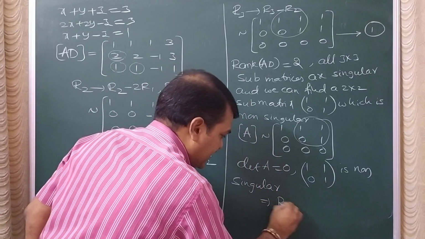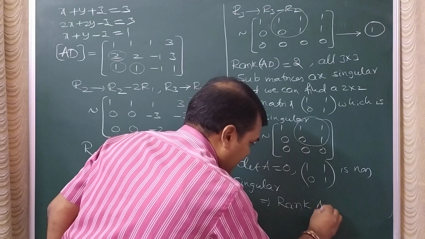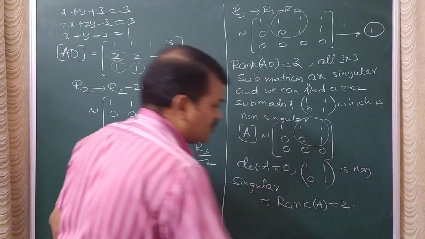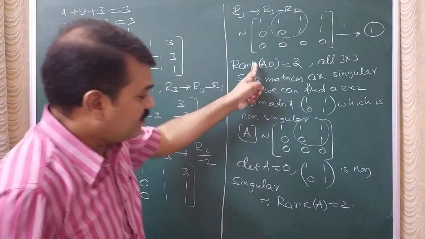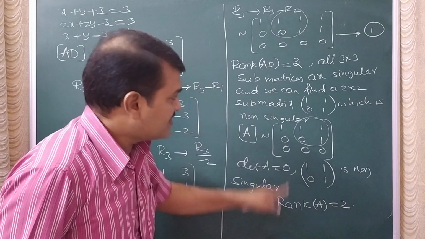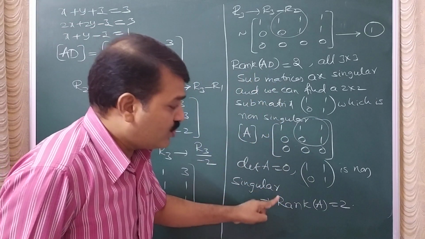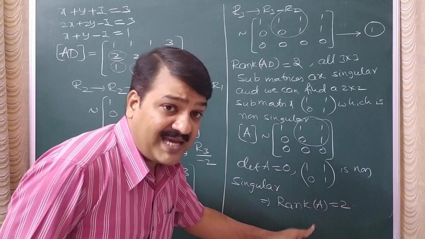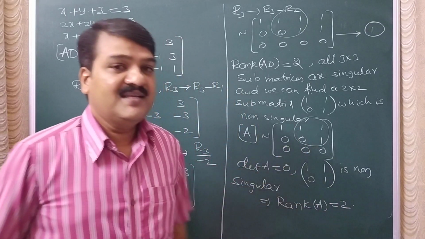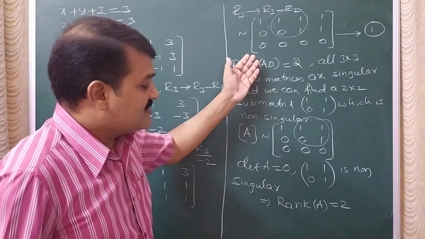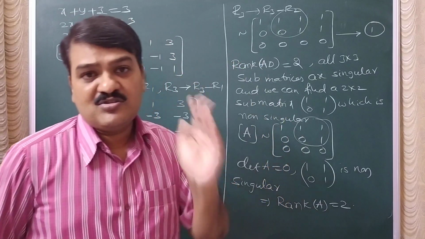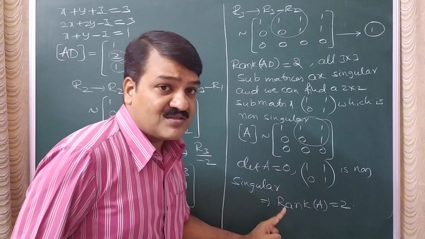So this implies rank of A is equal to 2. So rank of A and rank of the augmented matrix are both equal, so the system is consistent. Both ranks are equal but less than the order of A. Therefore, the system has infinite solutions, as we discussed in the last video.